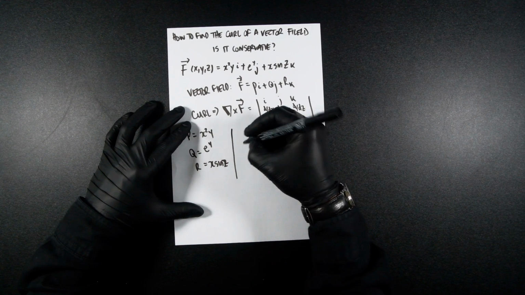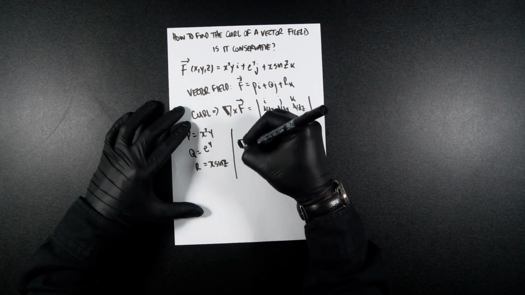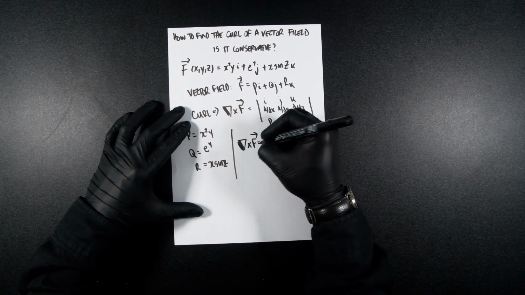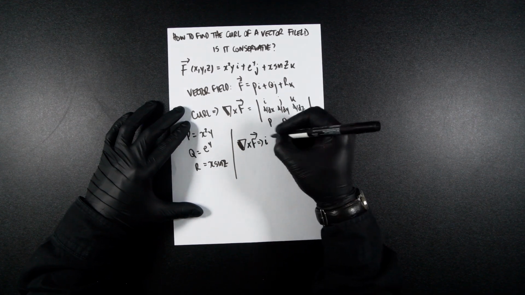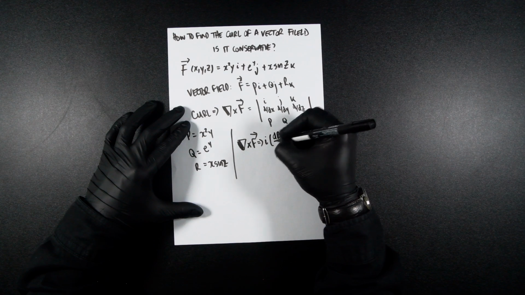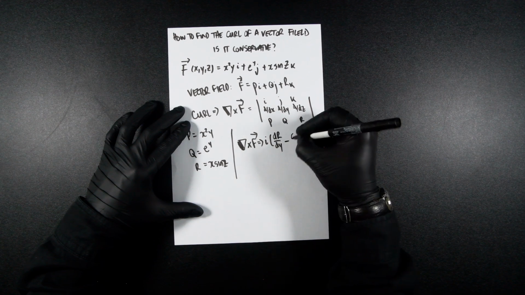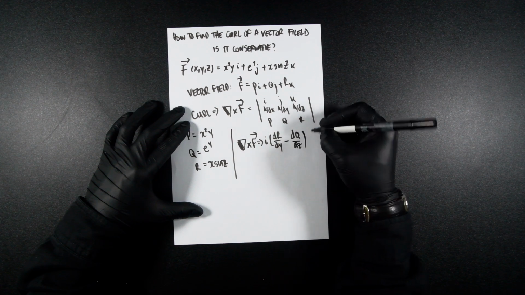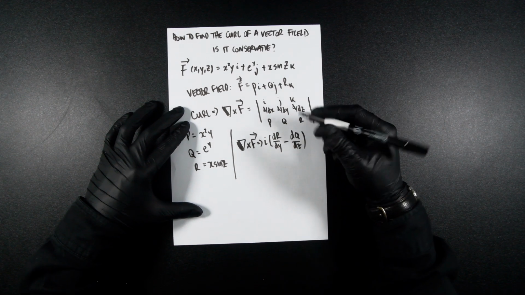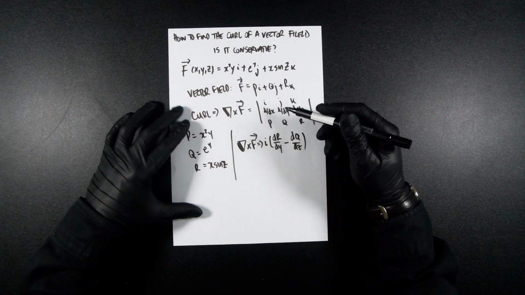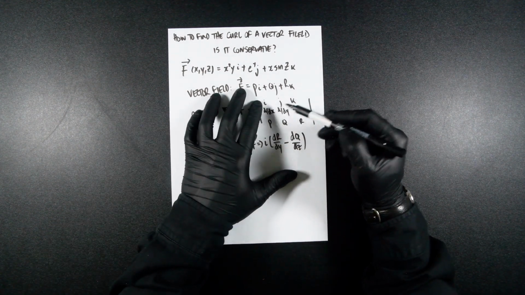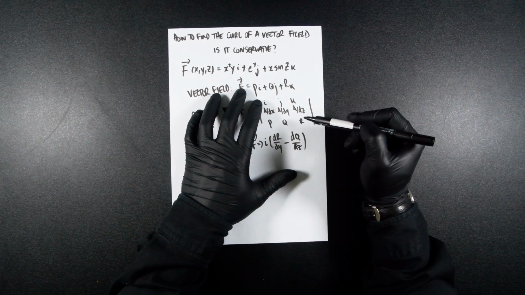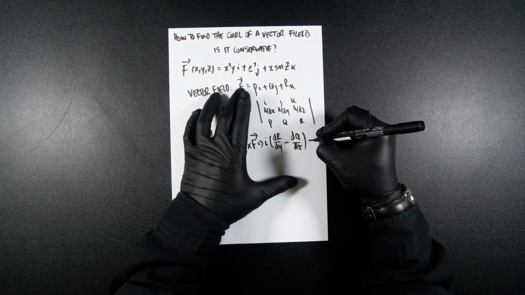So your nabla cross F is going to be I, dR over dy minus dQ over dz. And then in calculating determinants, you're going to have plus minus plus minus, so you've got to remember that this is now going to be a minus.